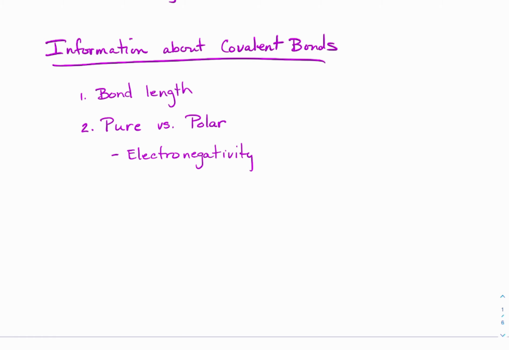First off, the bond length, and secondly, what kind of covalent bond, because there are subcategories of covalent bonds that can be formed. We typically refer to those as pure versus polar covalent bonds. And we will use the periodic trend electronegativity to help us discern which kind of covalent bond it happens to be.